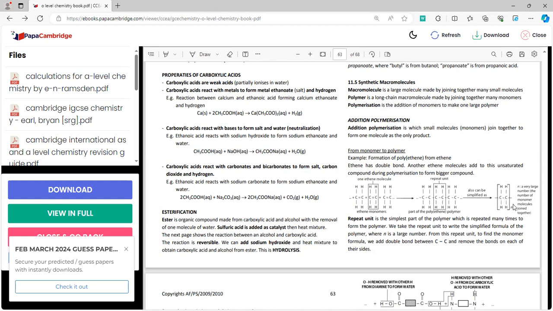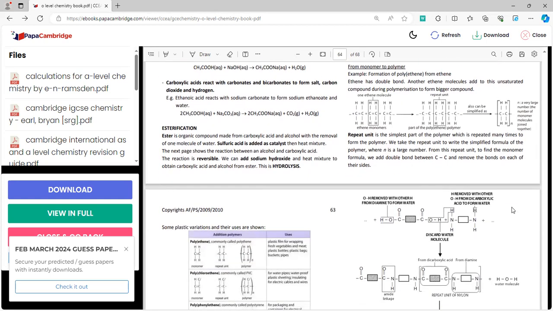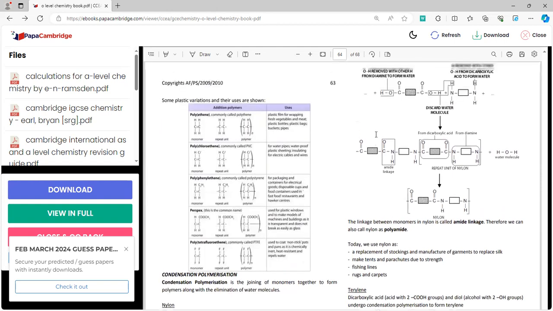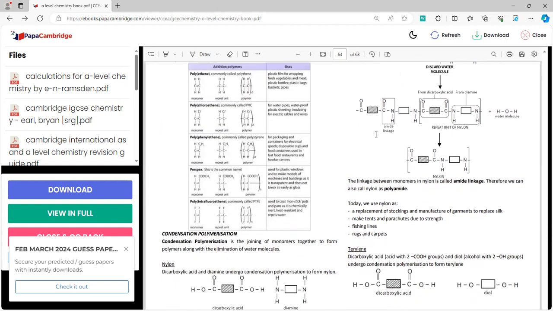And if you look closely, this symbol n denotes a very large number of molecules, and the unit which is repeated in the polymer several times is known as the repeating unit. Now there are two main types of polymers.